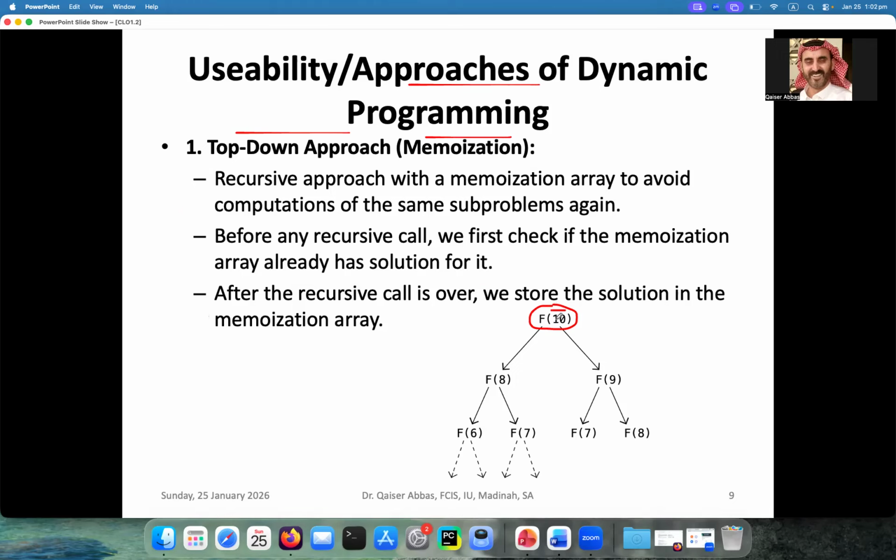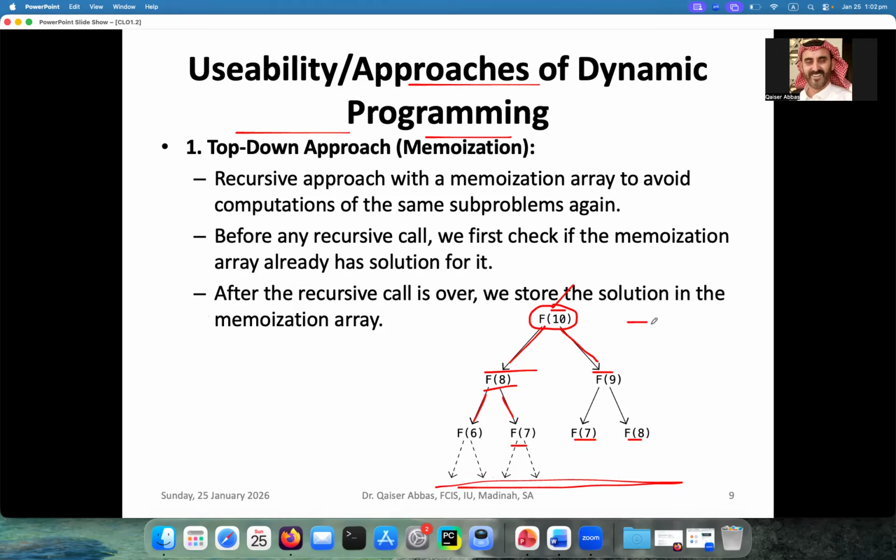And that problem, you will get from the previous two numbers, n minus 1 and n minus 2, and then that n minus 1 you get from n minus 2 and n minus 3, and so on. In this way, you are going to call each subproblem until you reach the leaf nodes.